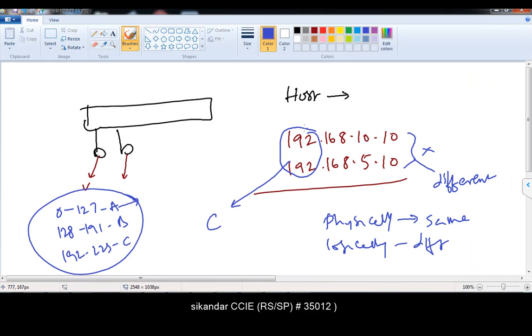So in my example, it's a C class, which contains three network portions and one host portion.